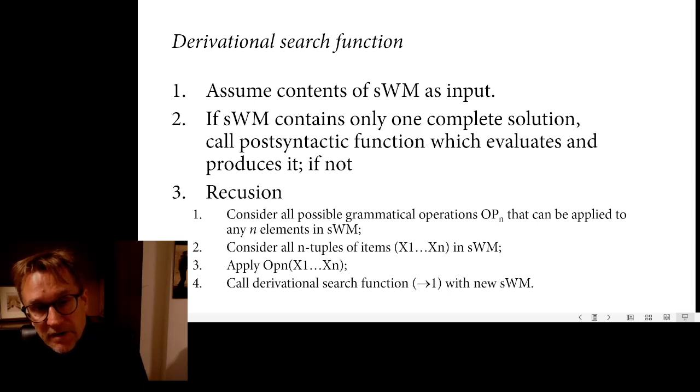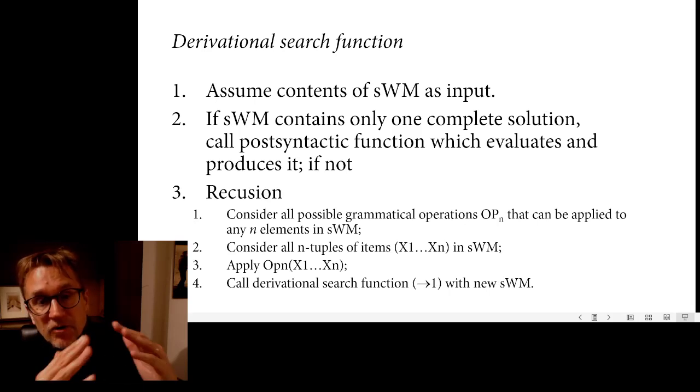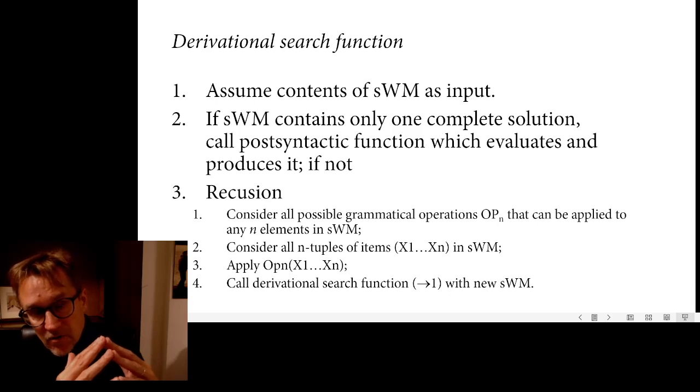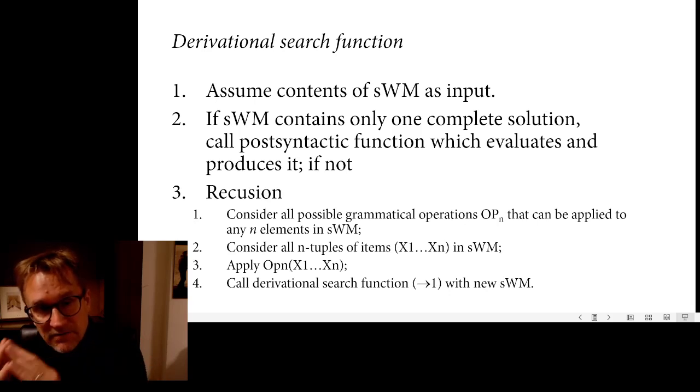Then the syntactic working memory after this operation will be the dog as one complex binary branching constituent, plus the verb that is still free, that hasn't been exposed to any operation. This is the new syntactic working memory referred to here, and that new working memory will be the input when we call the same function again.